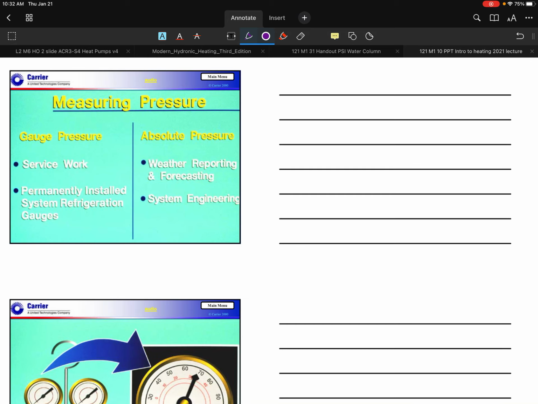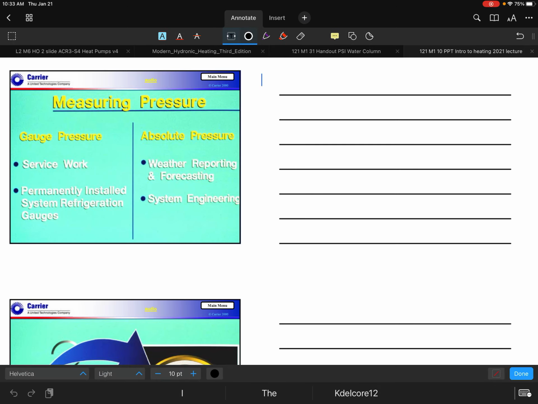When we talk about measuring pressure, generally what we're dealing with are gauge pressures as a general rule. And I think a couple of things I want to point out, certainly air pressures in, let's say, an air distribution system.